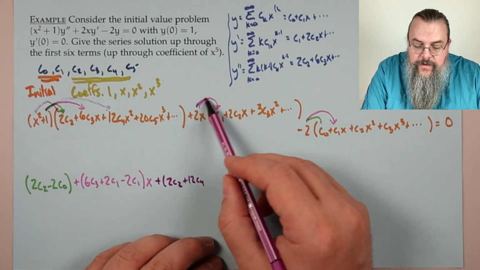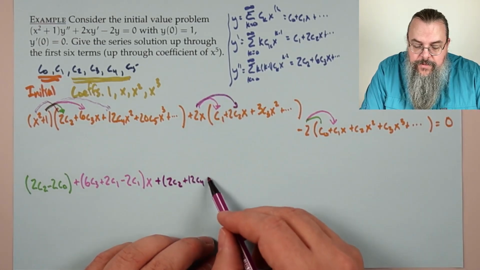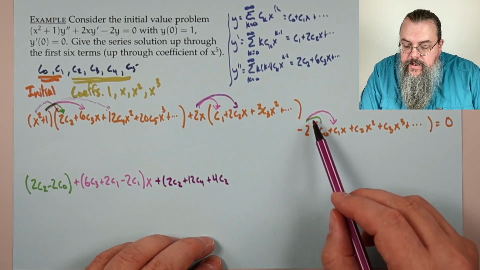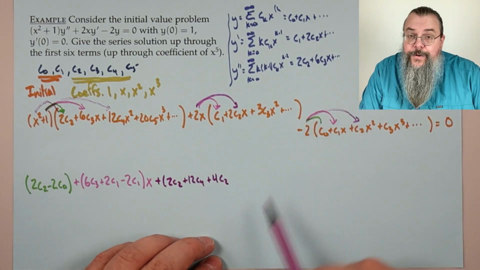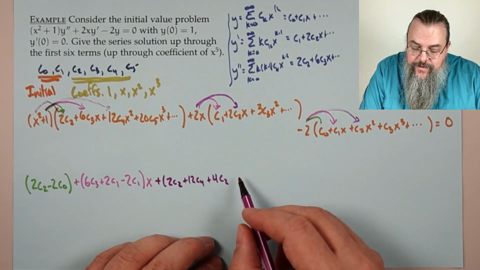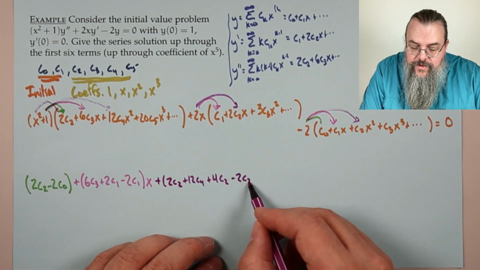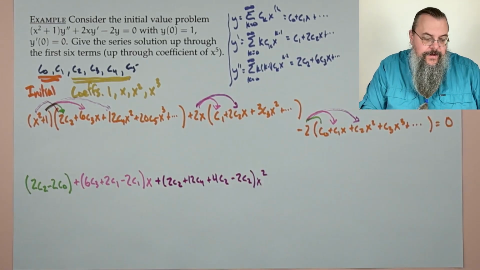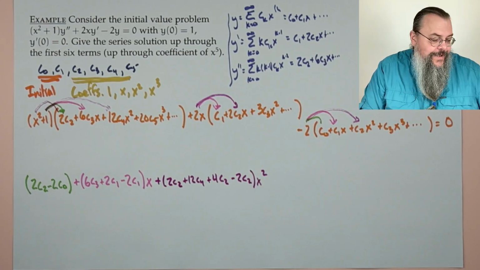Here we can do x times x, so that'll be plus 4c2. And then here we can do a minus 2 times c2, so that's minus 2c2, and that's x squared. All right, one more to go.